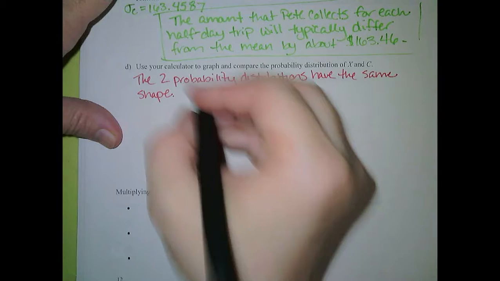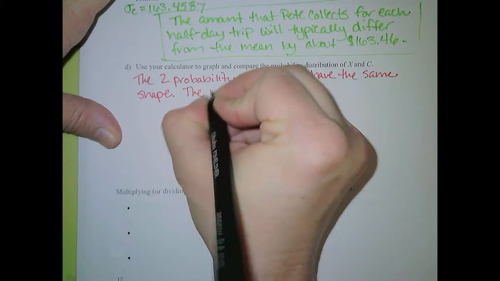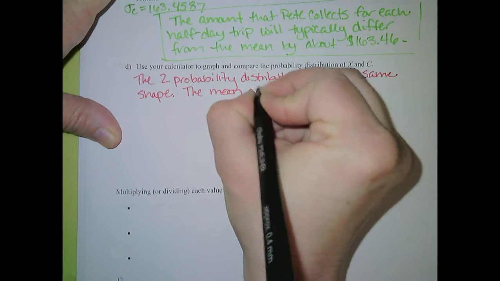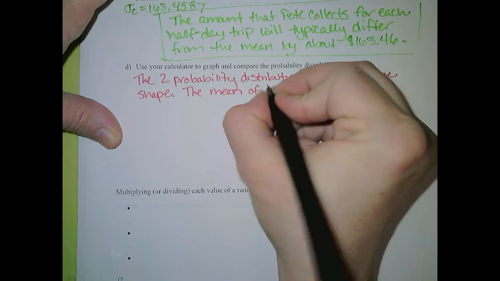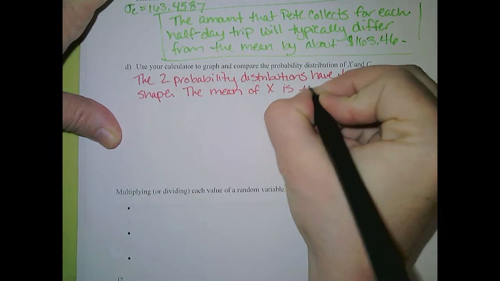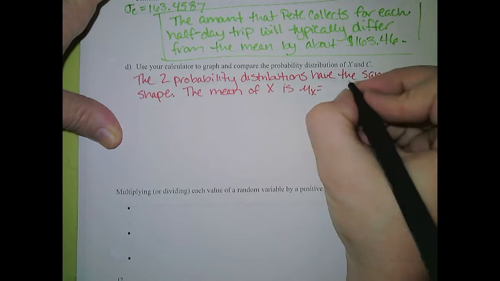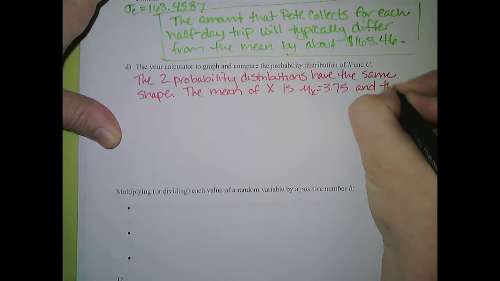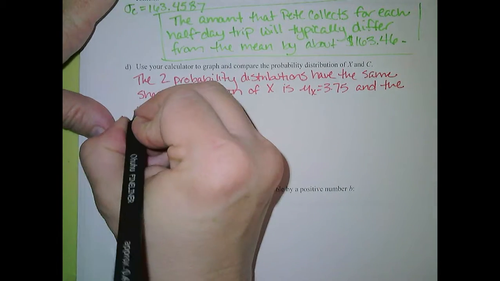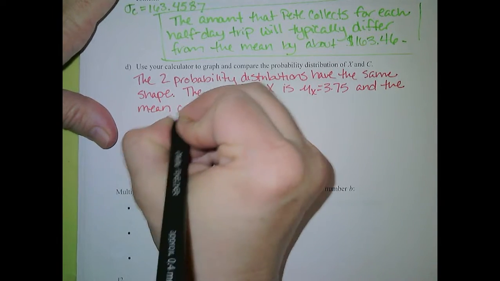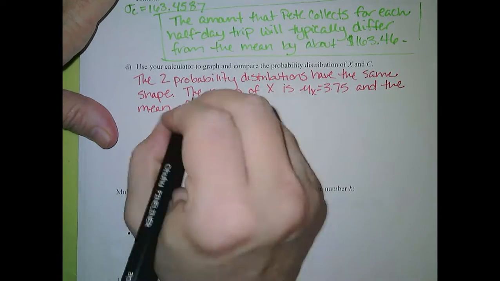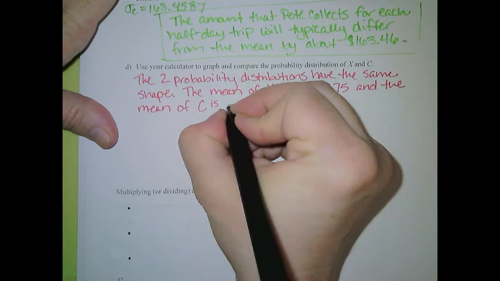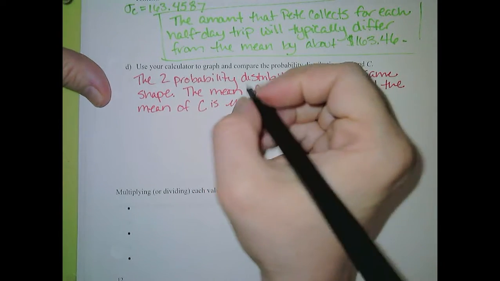So we know that the mean of X was 3.75. And the mean of C was 562.5.